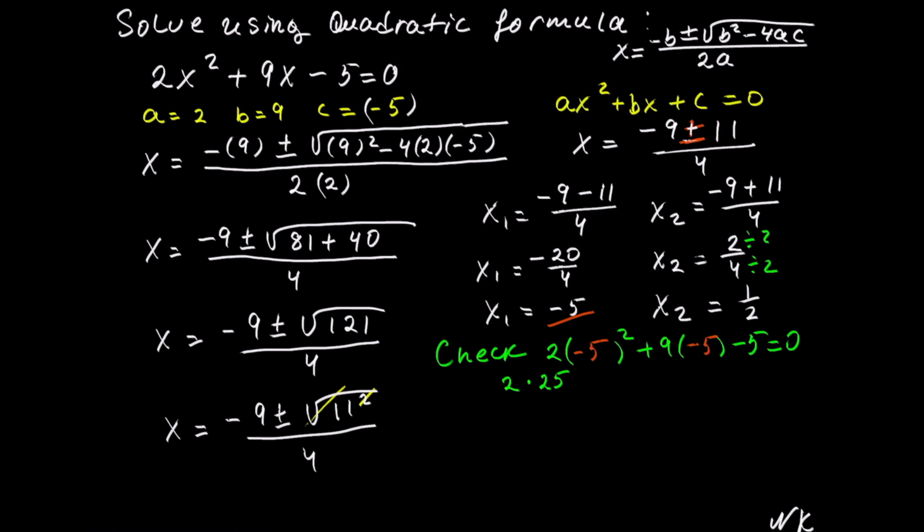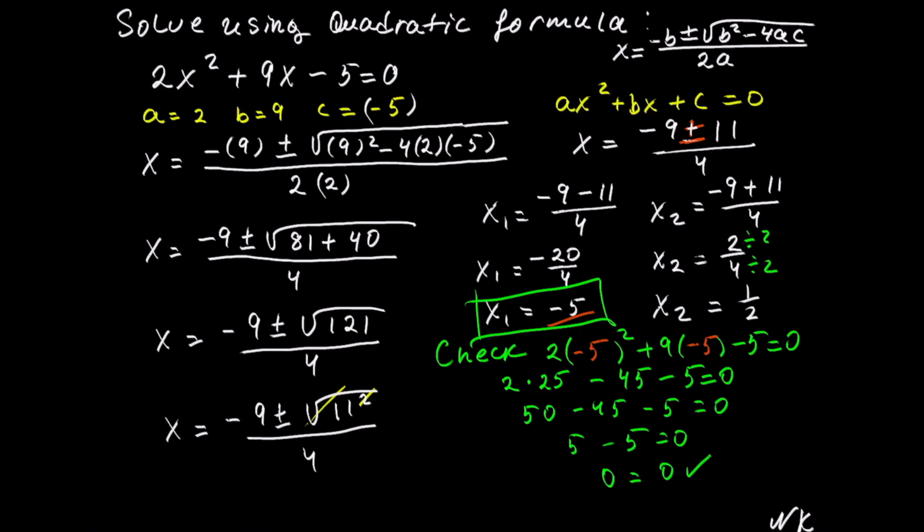Then we have plus 9 times -5, positive times negative, we get minus 45, minus 5 is equal to 0. 2 times 25 is 50 minus 45 minus 5 has to be equal to 0. 50 minus 45 is 5, minus 5 has to be equal to 0, and 5 minus 5 is 0, so 0 is equal to 0. This is a true statement, so x1 is a valid solution.